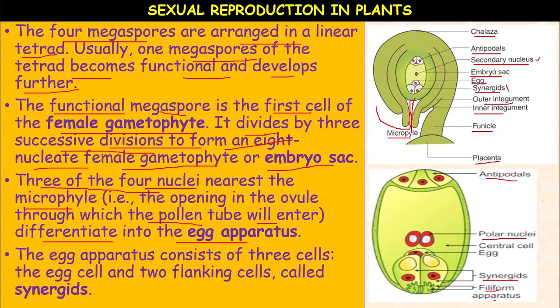That is why they are called helper cells. The synergids have special cellular thickenings at the micropylar tip called the filiform apparatus, which play an important role in guiding the pollen tube towards the synergids. The egg cell on fertilization gives rise to the zygote, while the synergids get disorganized soon after fertilization.